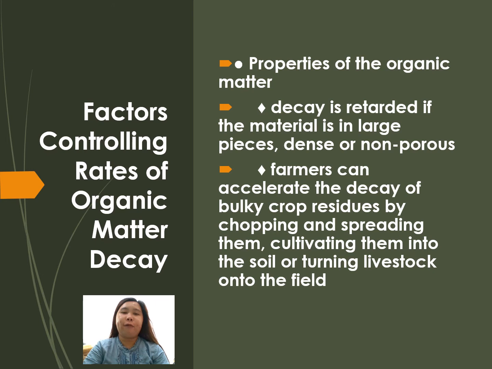Farmers can accelerate the decay of bulky crop residues by chopping and spreading them, or cultivating them into the soil, or turning livestock onto the field. So this factor concerns the properties of the particular organic material being decomposed.